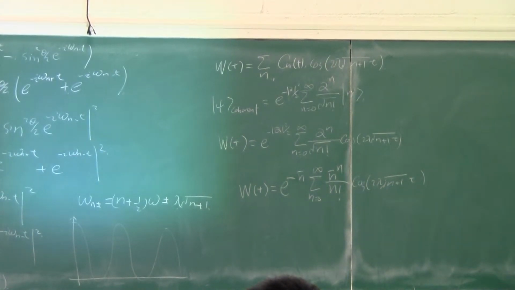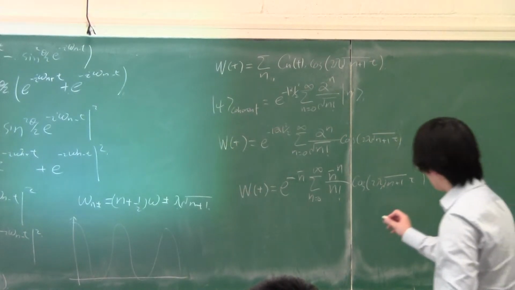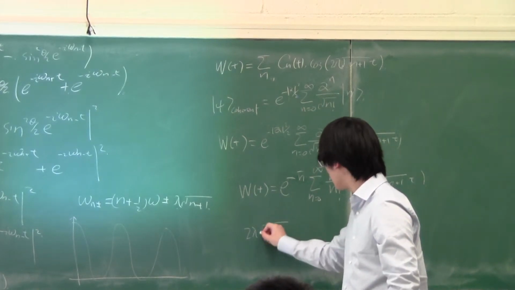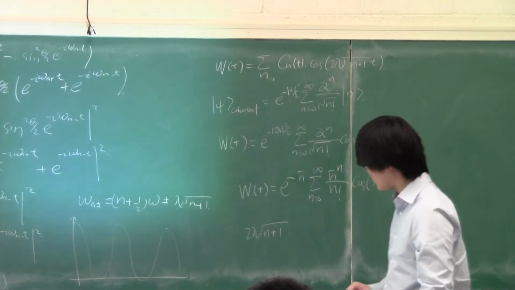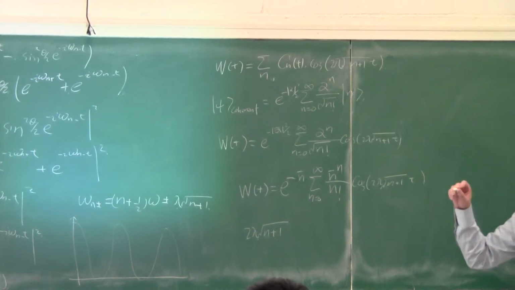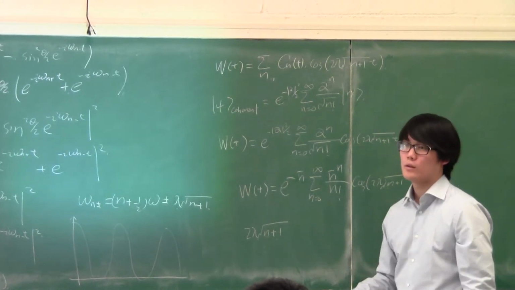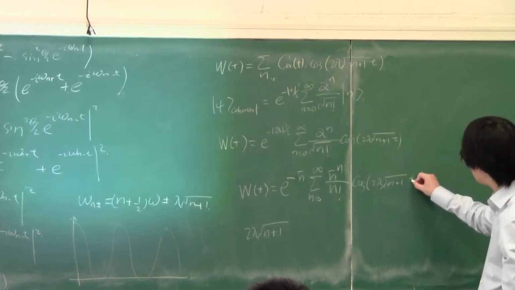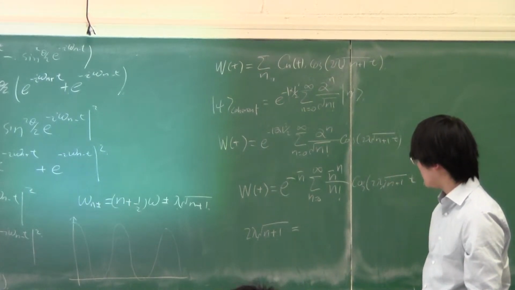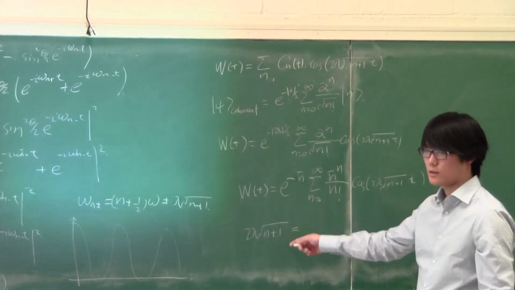So now, for this thing, 2 lambda square root of n plus 1, I'm going to do a Taylor expansion around the expected number of photons, n bar. So let me expand this, and how do you expand a function like this?